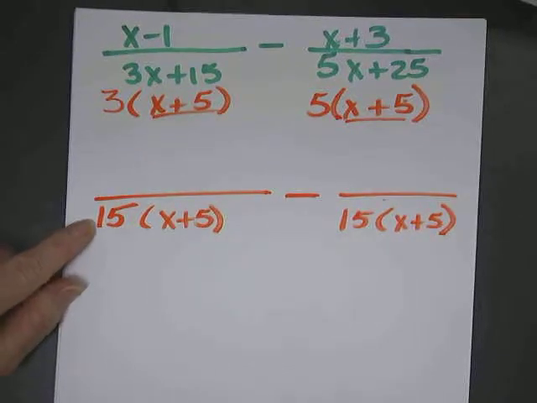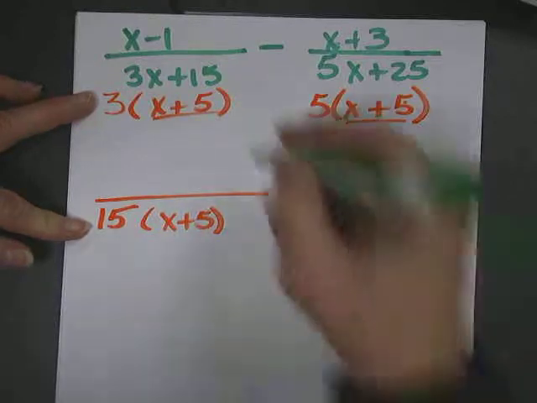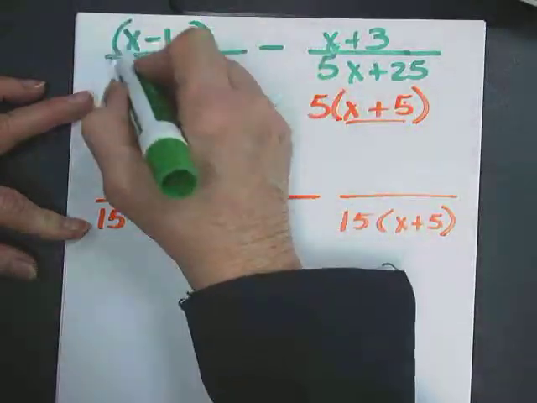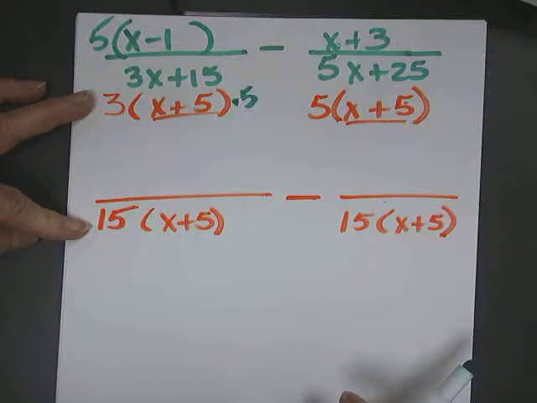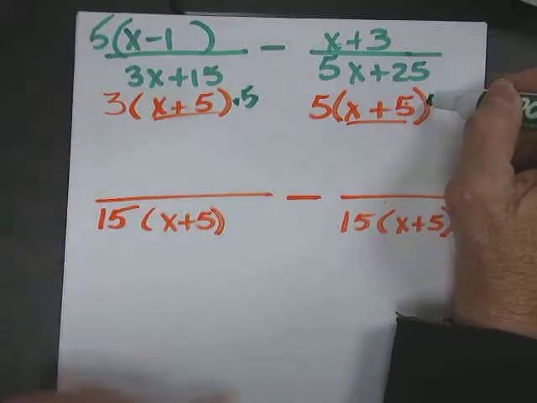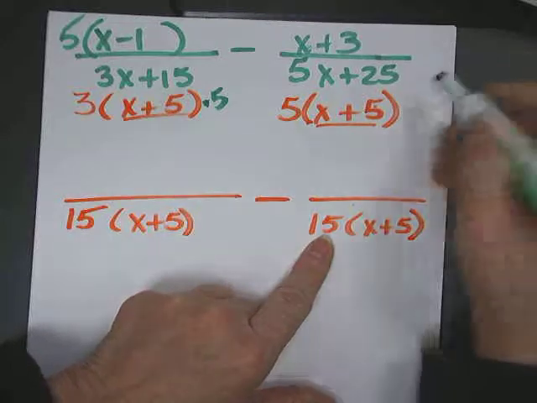We got a 3 and a 5. The 3 and a 5 will be 15, won't it? You gotta have a 3 and a 5, and we have to have an x plus 5. We don't need it twice because once is enough. So that's our common denominator.